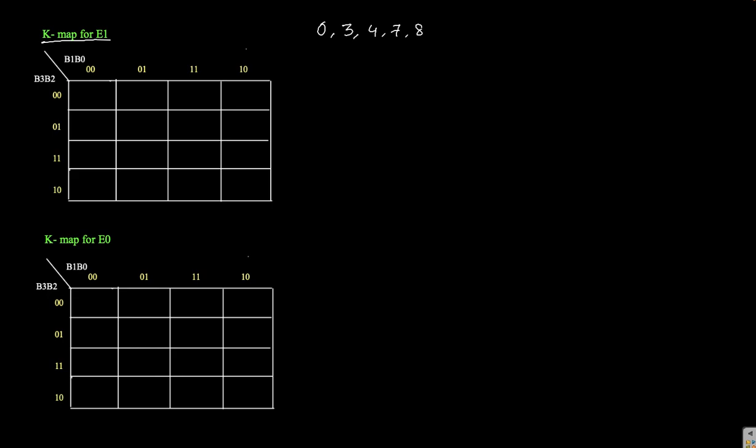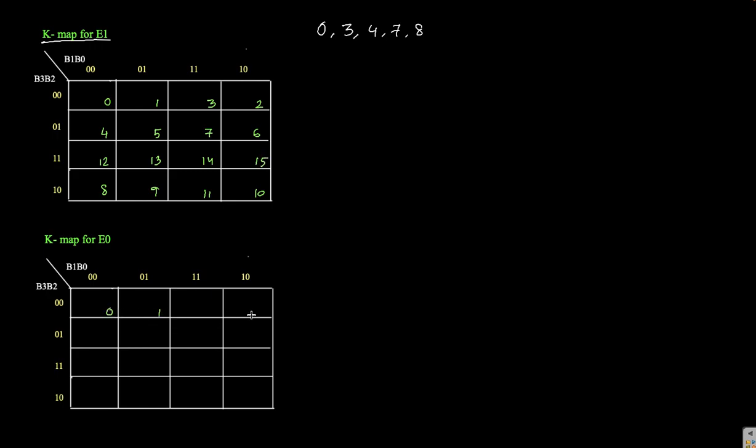So we can write the numbers here: 0, 1, 2, 3, 4, 5, 6, 7, 8, 9, 10, 11 and 12, 13, 14, 15. Like this we can write it.